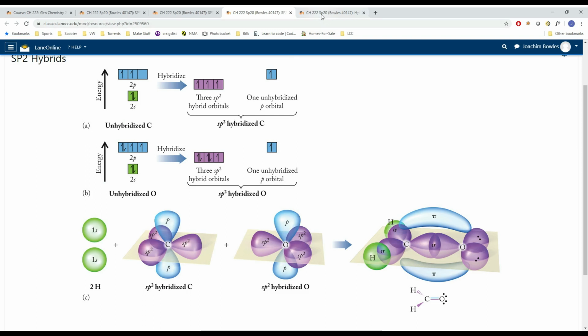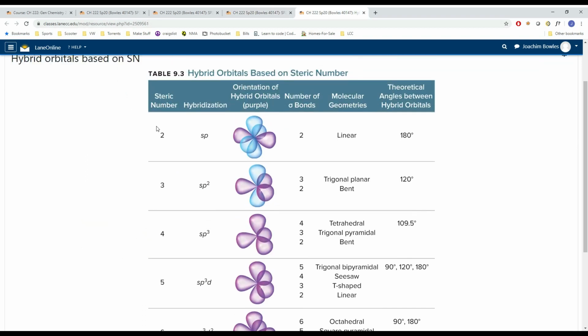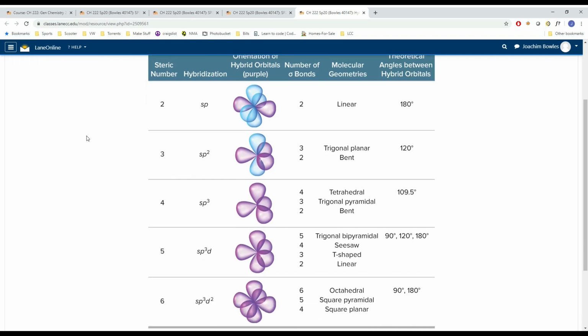We're going to go to the last image now, and this is actually a table from your textbook, so 9.3. And you're probably wondering at this point, how do I know what hybridization I have? How do I know how many sigma bonds are going to be in something? Well, the answer is just the steric number.